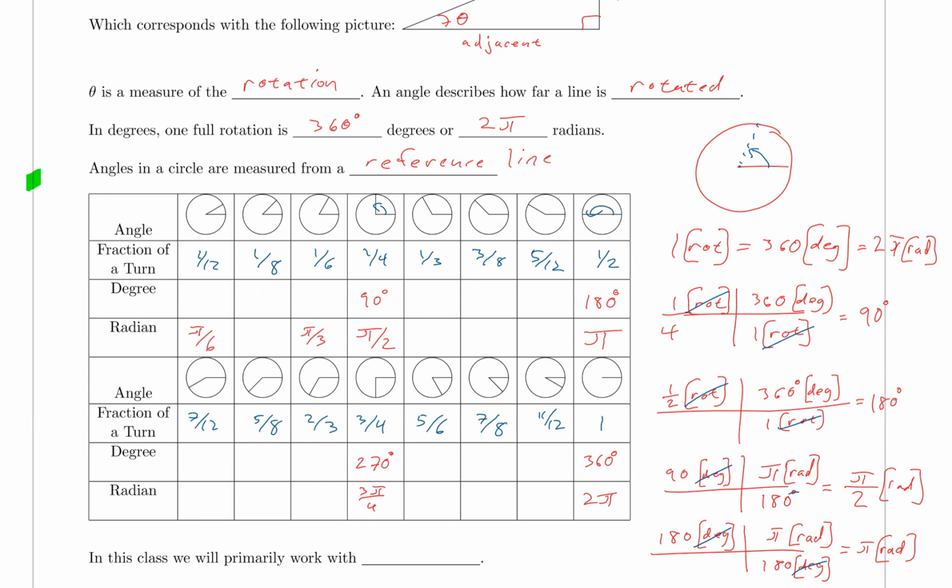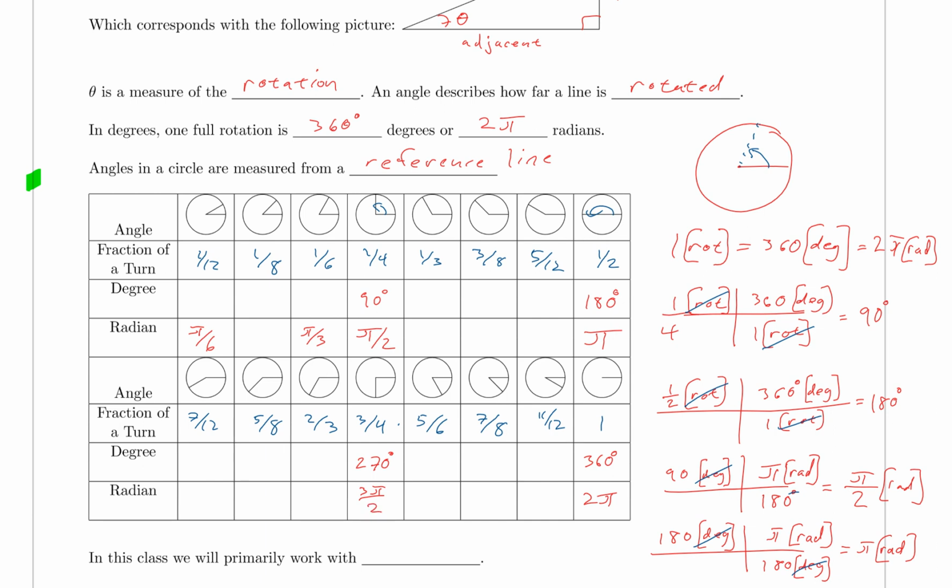So we want to go ahead and convert all of these rotations into degrees and radians. One thing we start to notice for the radians already is that right here, the 1/4 of a rotation, that's pi over 2. 1/2 of a rotation, we've got pi. 3/4 of a rotation, we've got 3 pi over 2, I'm sorry, that should be 3 pi over 2 right there.